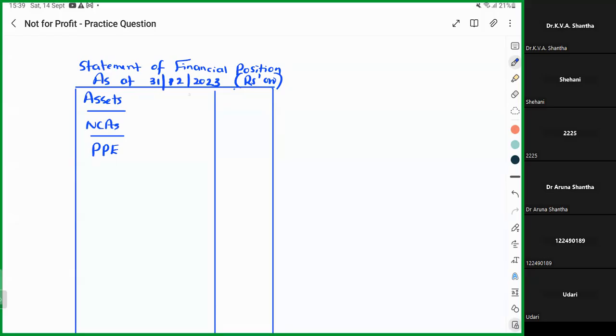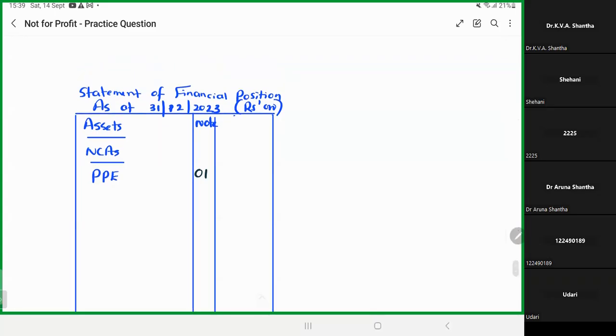Similarly, you can present this as a note. Let's say note number 1, property, plant and equipment. Then you take the total carrying value here. Now, how much carrying value? You calculate.